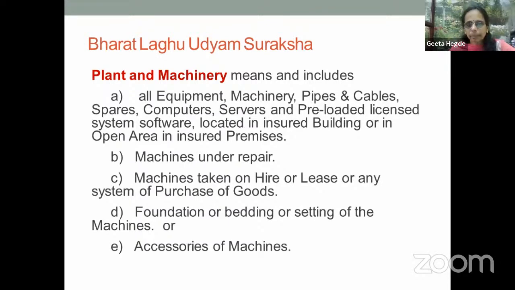Machines under repair, machines taken on hire or lease or any system of purchase of goods, foundation or bedding or setting of the machine or accessories of machines. Everything will be covered as plant and machinery.